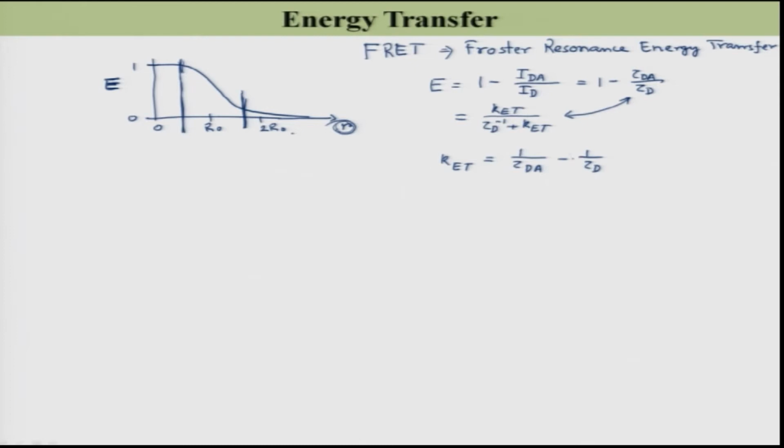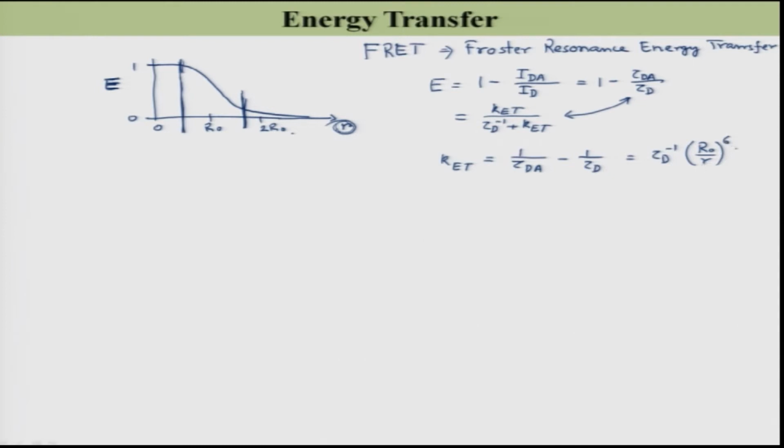Now, experimentally you measure this E, or experimentally you measure this tau, the lifetime of donor in presence of acceptor and the lifetime of donor in absence of acceptor, and immediately you will get the value of k ET, and this value of k ET is nothing but tau D inverse times R 0 by r to the power 6.